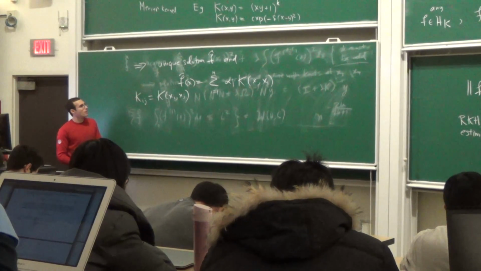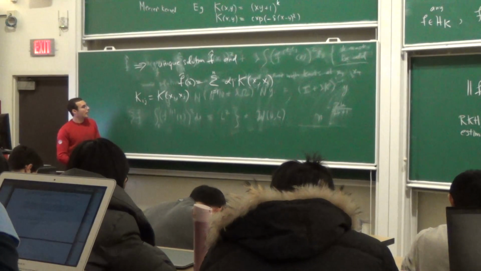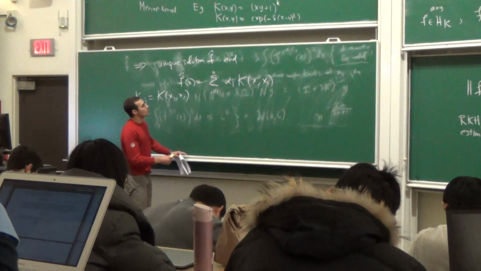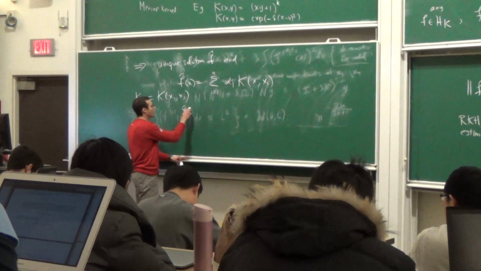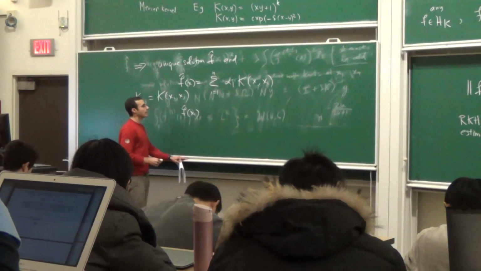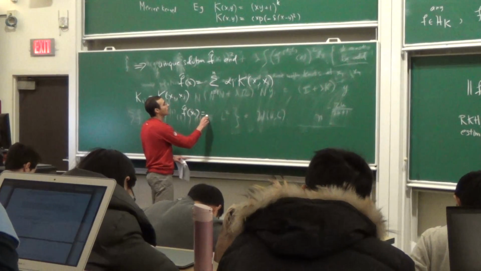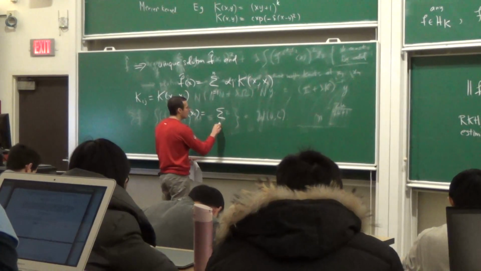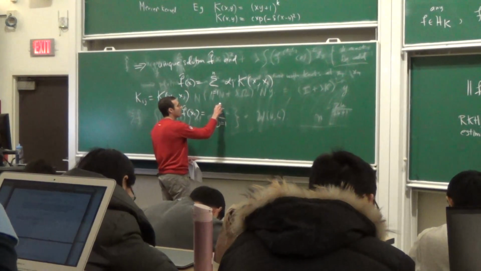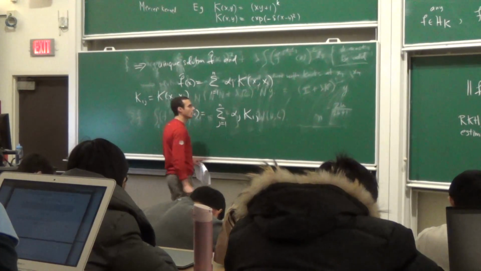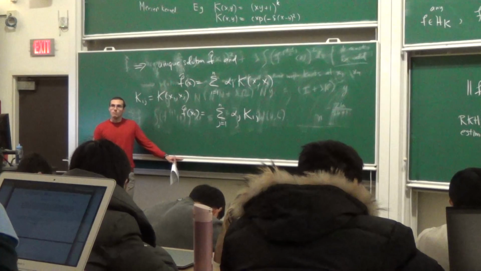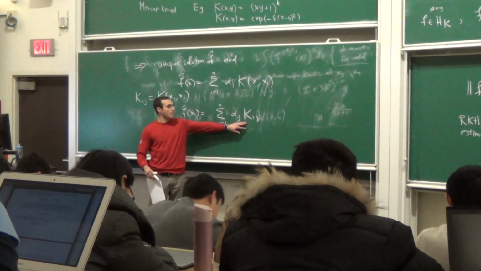Okay, so after I have that, in particular, I can write f hat at one of the input points x_i as the sum of j equals 1 to n alpha_j K_ij. Right, the kernel evaluated at x_i comma x_j.